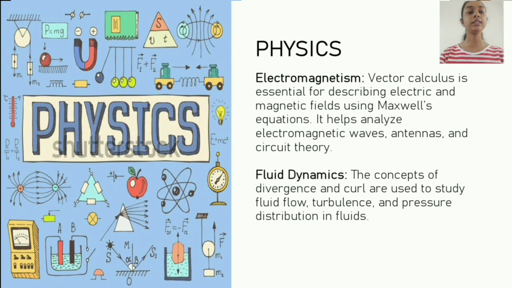Vector calculus is essential for describing electric and magnetic field using Maxwell's equation. It helps analyze the electromagnetic waves, antennas, and circuit theory. Fluid dynamics. The concept of divergence and curl are used to study fluid flow, turbulence, and pressure distribution in fluids.